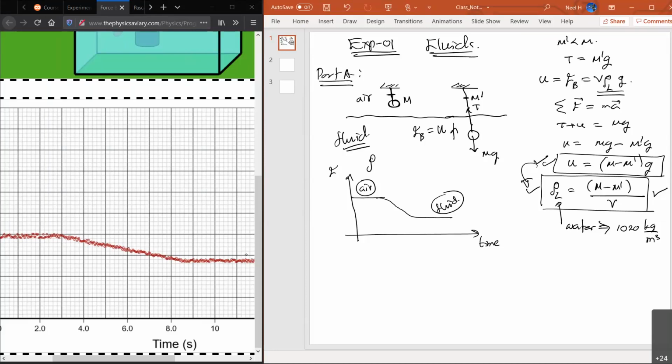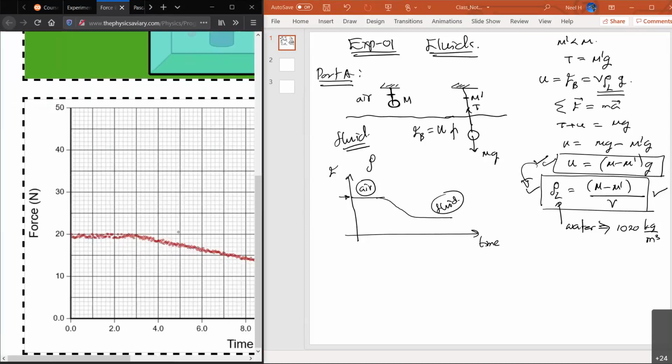So if I extract this number directly, that number is about 19.5. You can see it's a slightly thicker line, right? Because it's a lot of data points. It's not just a single line. You have to measure to the midpoint of that thick line, okay? Then we can extract 19.5 in units of Newtons.